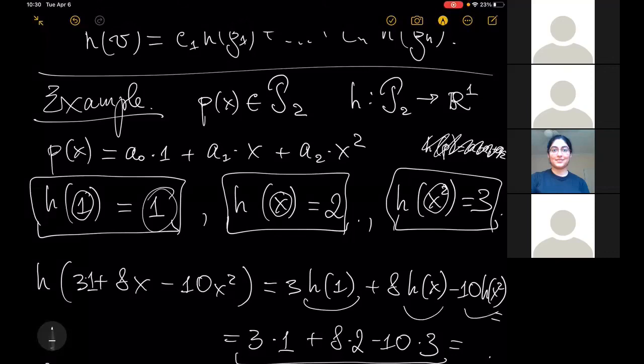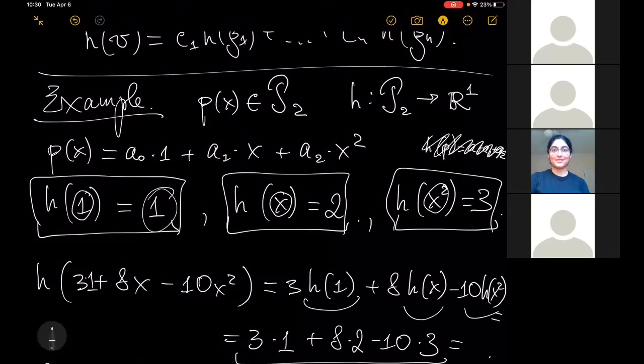But I don't understand, I guess, sometimes how you get these bases. Like how did you get h of 1 equals 1, h of x equals 2, h of x squared equals 3? Did you just decide?